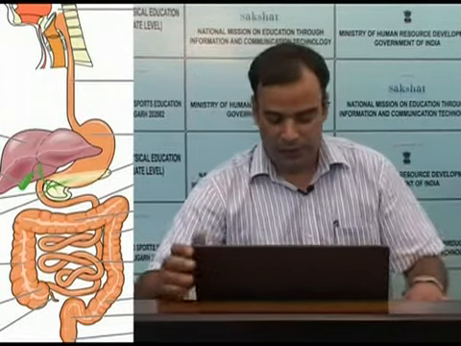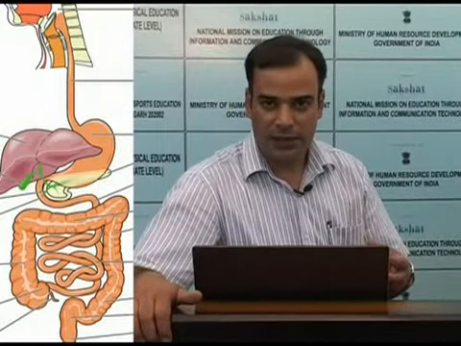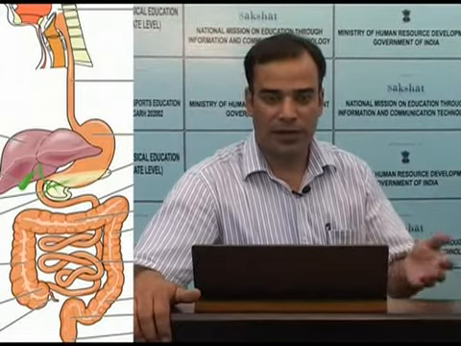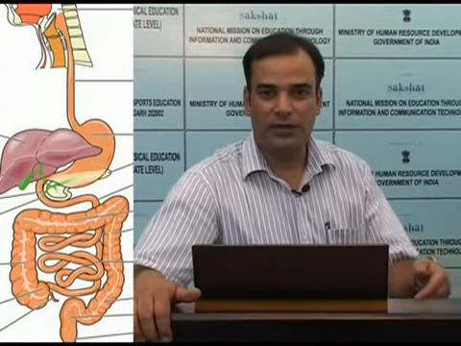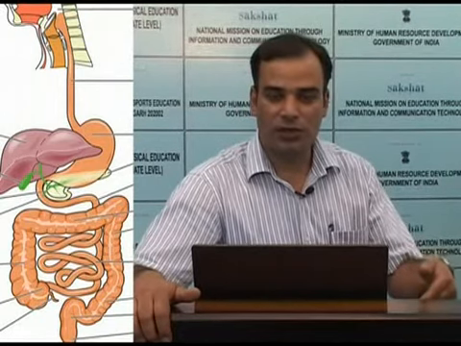So the main purpose of the digestive system is to provide us a continuous supply of nutrients required for energy, so that we can survive and our cells can perform the functions of growth and repair.